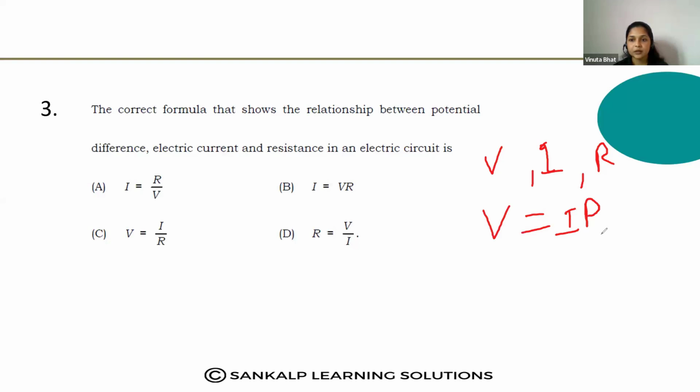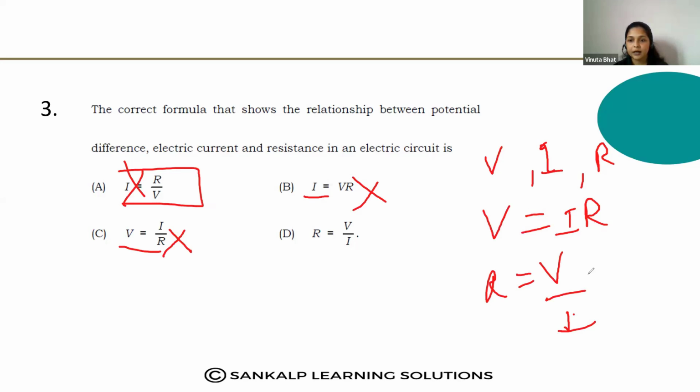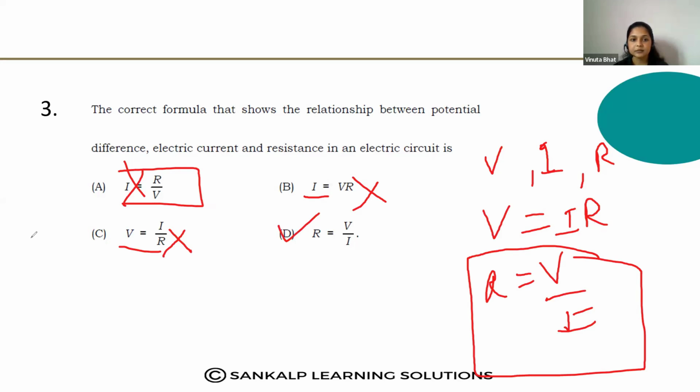So I is equal to R by V is wrong, I is equal to VR is also wrong, V is equal to I by R is also wrong. Here we can write R is equal to V by I, so that is the correct answer. Option D is the correct answer.